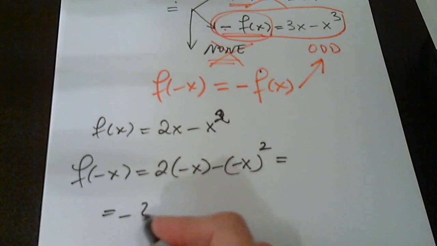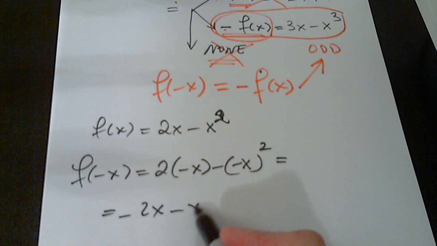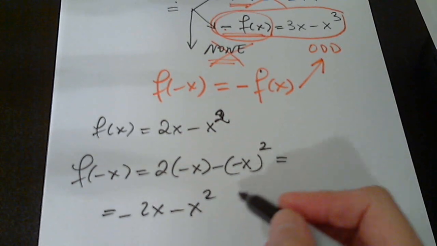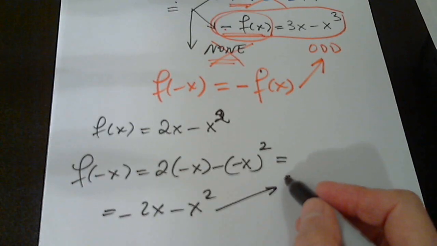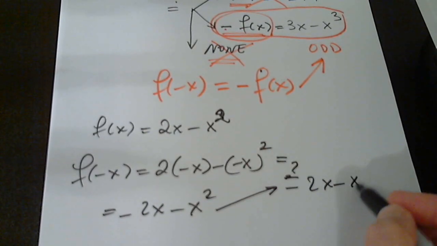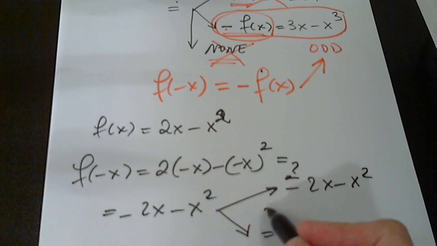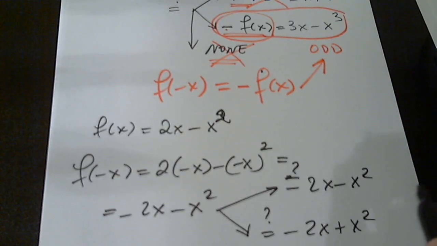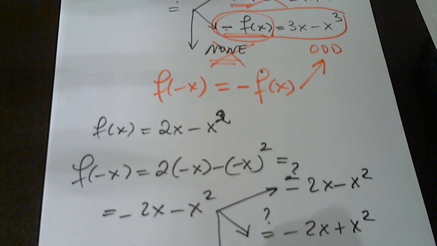I get negative 2x minus x squared, because this is x squared with a minus in front. So now I'm asking myself, does this equal the original function? Does this equal the opposite of the original function? And does this equal none of the above?